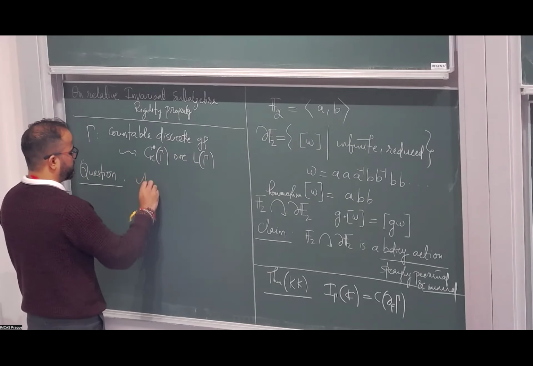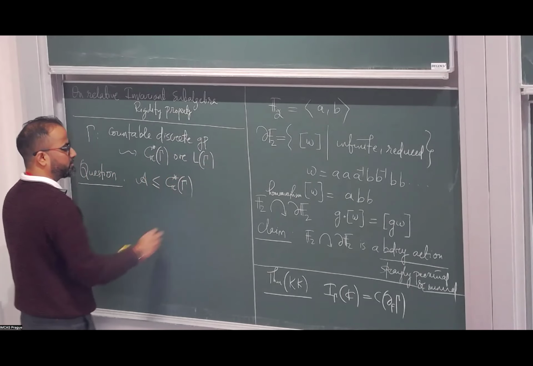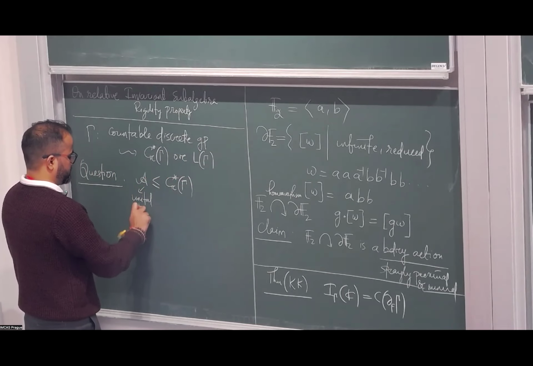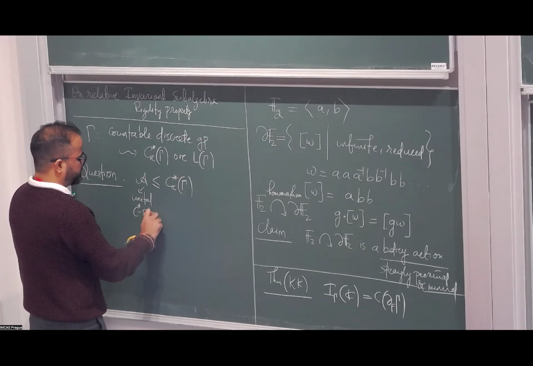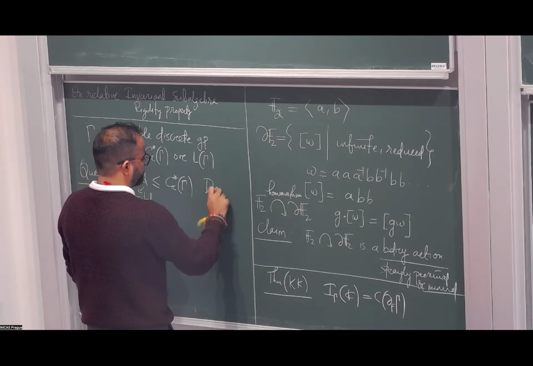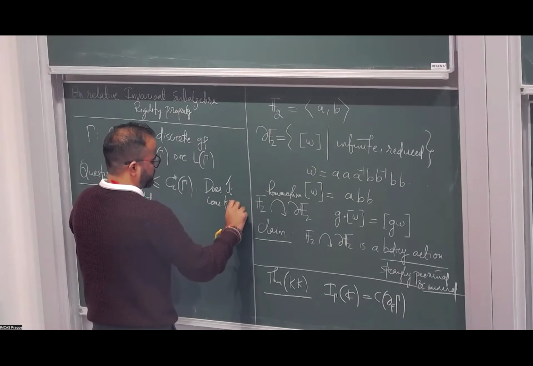Let's say I pick from here a unital C-star subalgebra A. I want to know, does it come from a group?